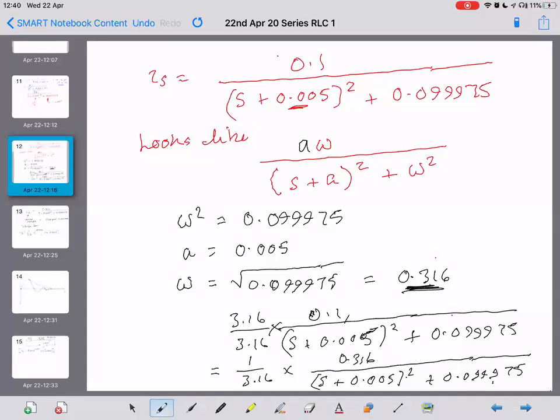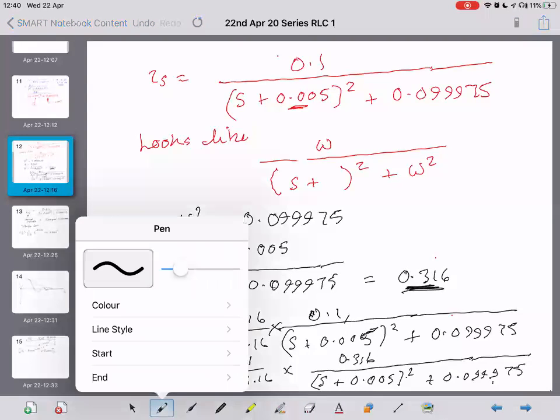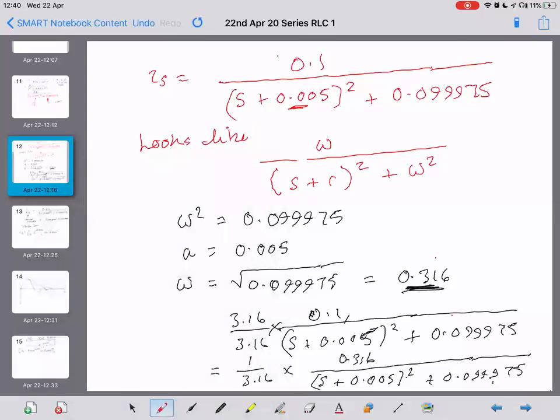I call this B, because we can't have two A's. We'll keep the bottom one as A because that's what we've been working in.